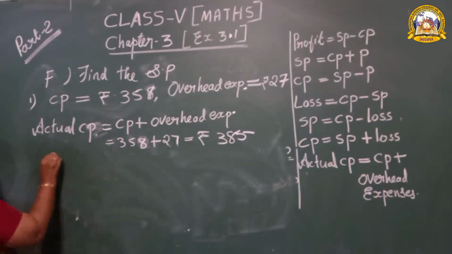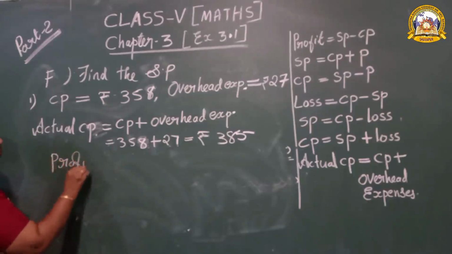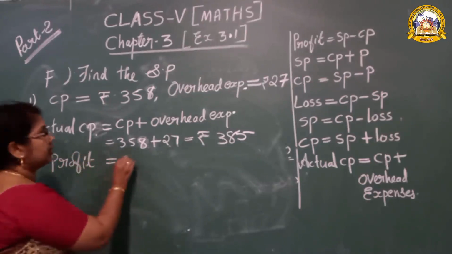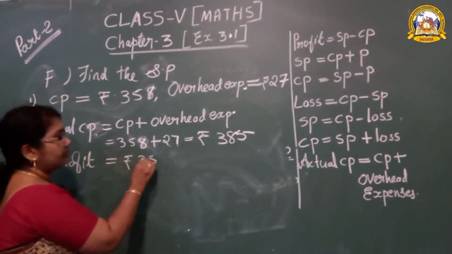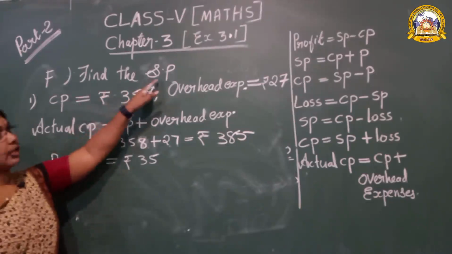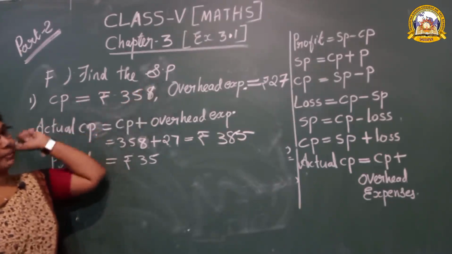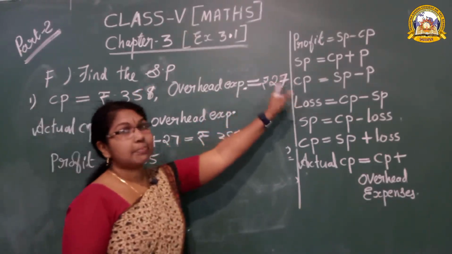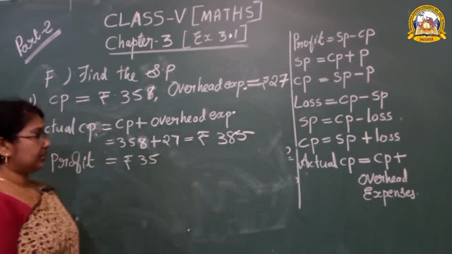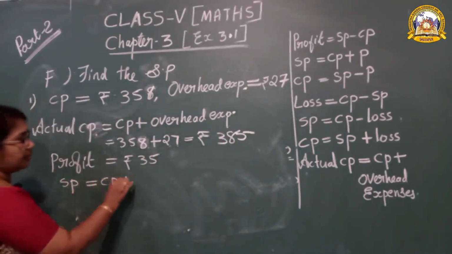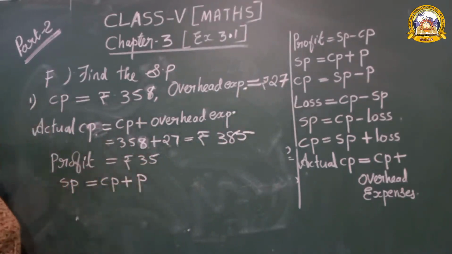Profit is given. What is the profit? Profit is rupees 35. Here CP is there, profit is there. What you have to find out? Selling price. What is the formula? CP plus profit. So SP is equal to CP plus profit.